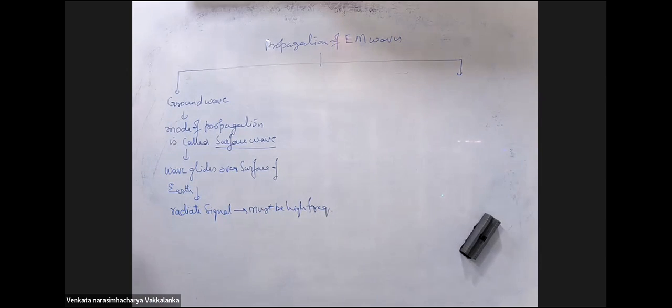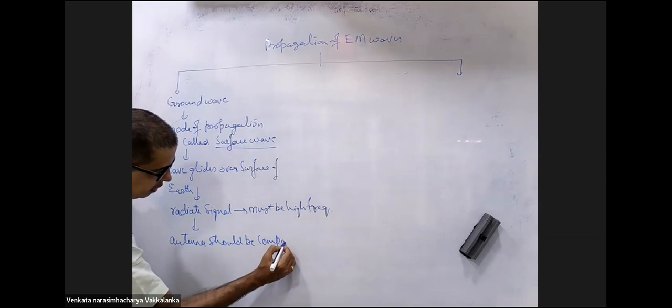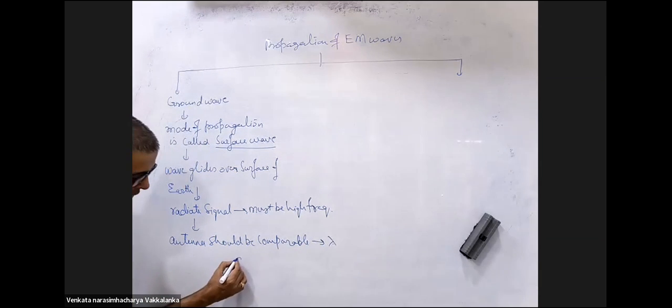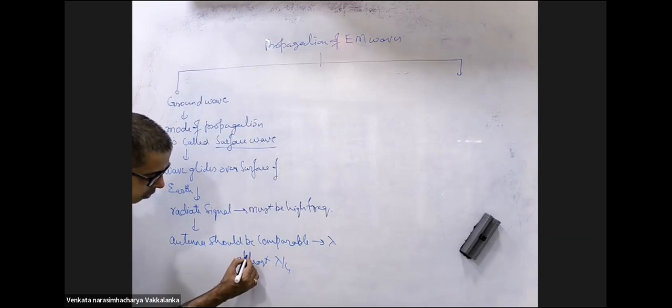The second problem is a much bigger issue. The antenna should be comparable to the size of the wavelength, at least lambda by 4.